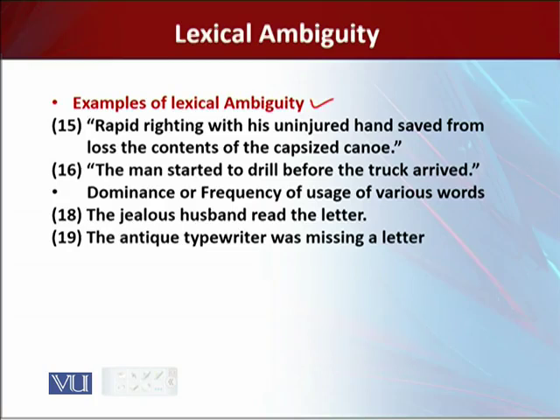Rapid writing with his uninjured hand saved from loss the contents of the capsized canoe. So most people hear the second word as writing, presumably because it has a more common meaning, and moreover, when they read this sentence, nothing in it refutes this interpretation until you get to the very end.